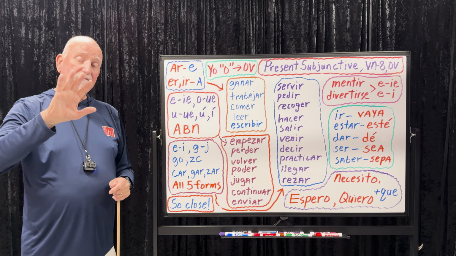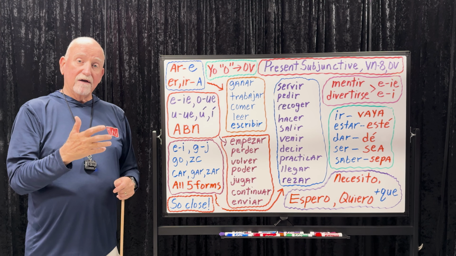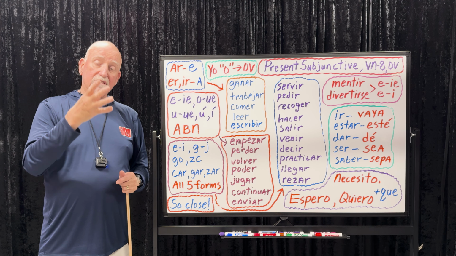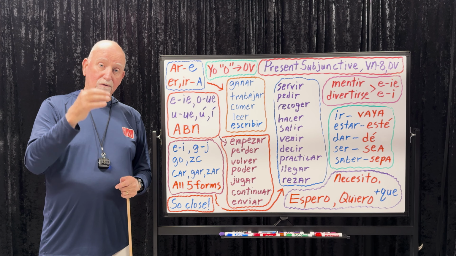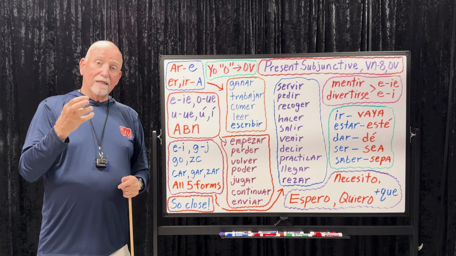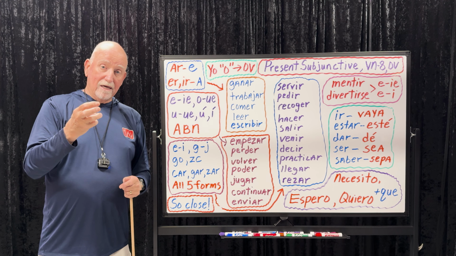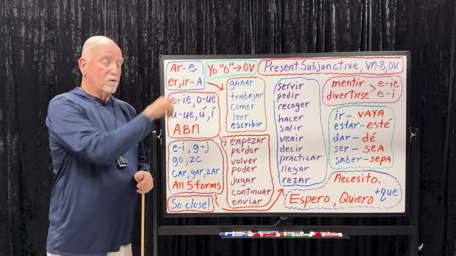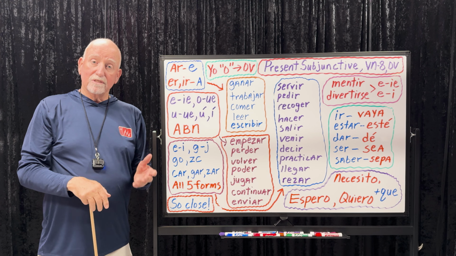When we did all 5 commands, right, we know that all 5 commands also come from the present tense. The 4 opposite vowel commands, the usted, ustedes, the we command, right, and then the negative 2 command, those are all opposite vowel, and guess what? Those are also the same form that you use for the present subjunctive.